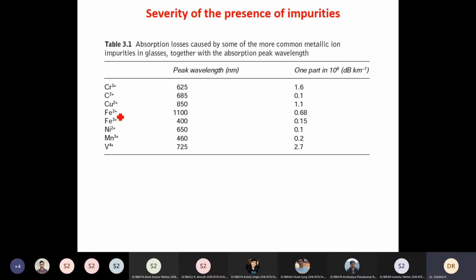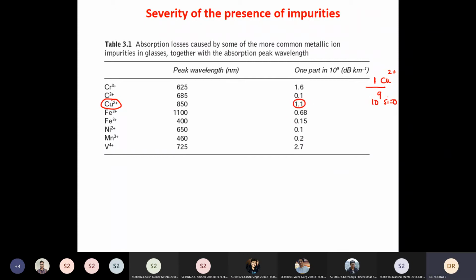For example, if you have copper ions, Cu2+, present in silica optical fibers at 1 part in 10^9, that means out of 10^9 silica atoms you have 1 copper ion, then at 850 nanometers the loss is going to be 1.1 dB per kilometer.